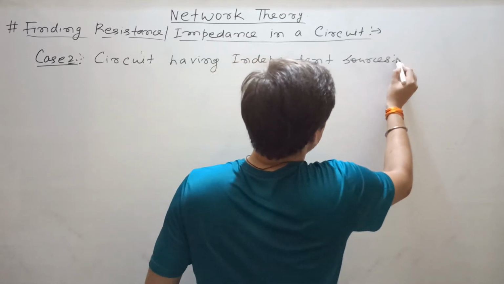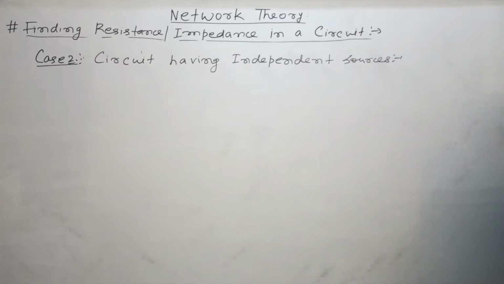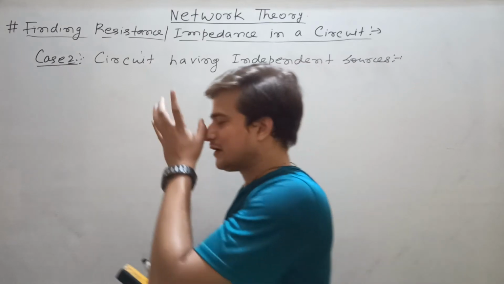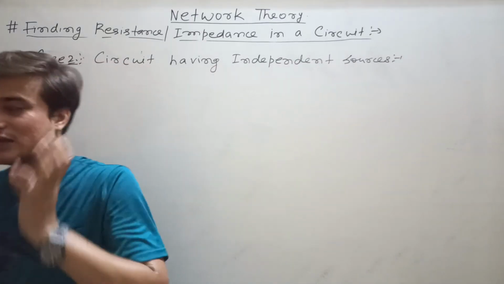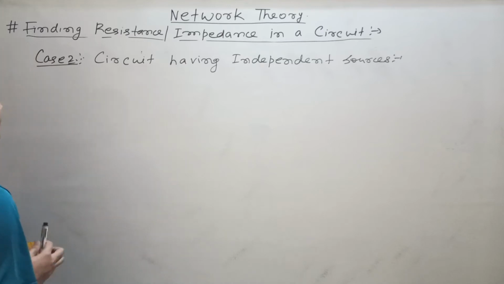Clear? So what is the meaning of independent source? Independent source means irrespective of any condition, there will be some value of the source, whether it is voltage or current. So it is not going to depend on any condition.